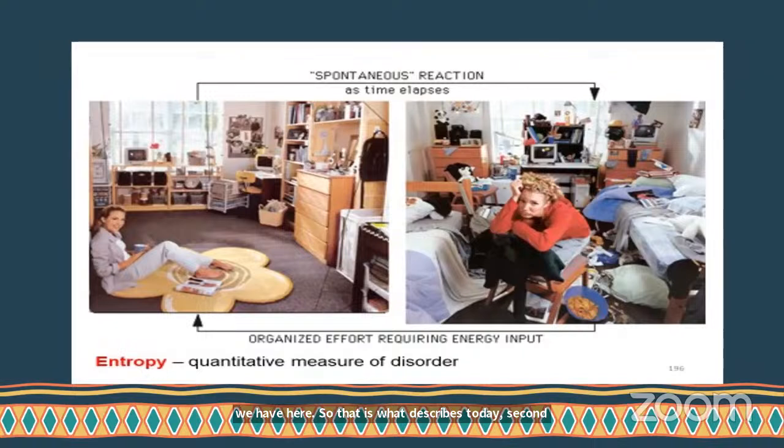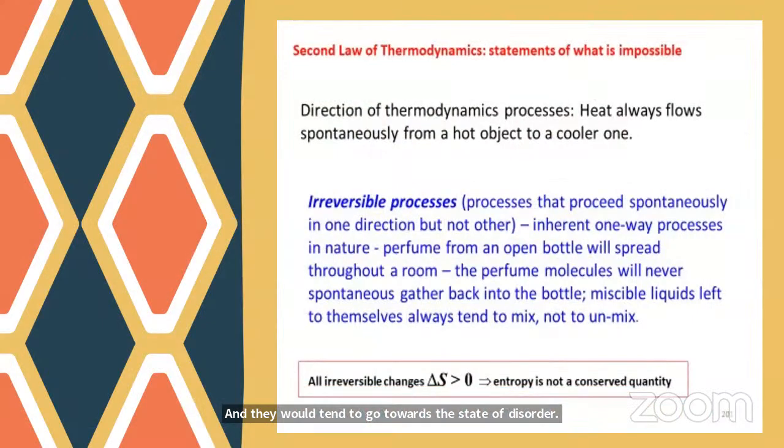Again, we can say that all processes that occur without external aid, that occur spontaneously, will obey the second law of thermodynamics, and they will tend to go towards the state of disorder. That is, the entropy of the system will increase.